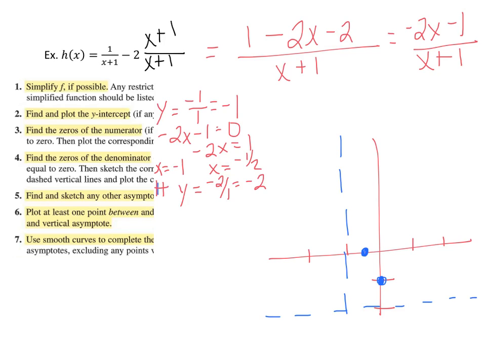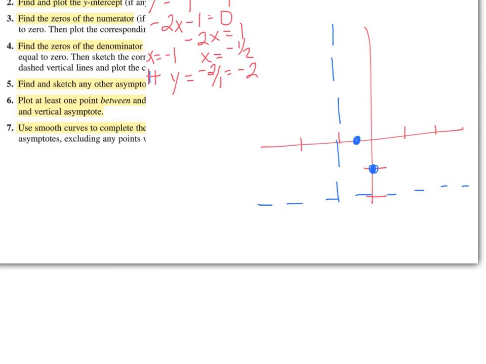Okay, so I have divided my graph again into 4 quadrants. Extend this down here. I need to decide, to the left of my vertical asymptote, am I above my horizontal asymptote or below? So what's a value that we could use to plug in? X equals negative 2.